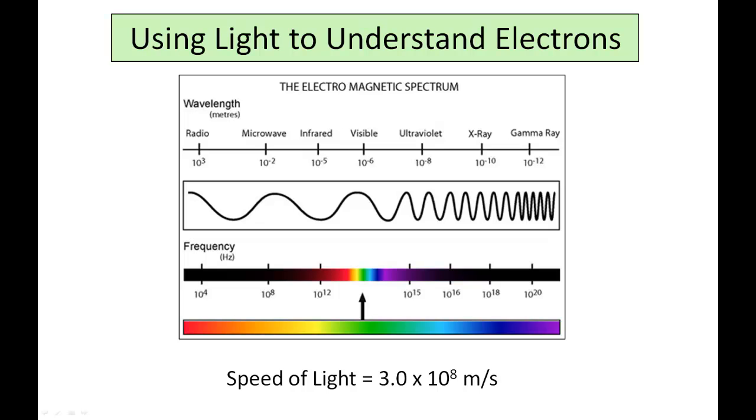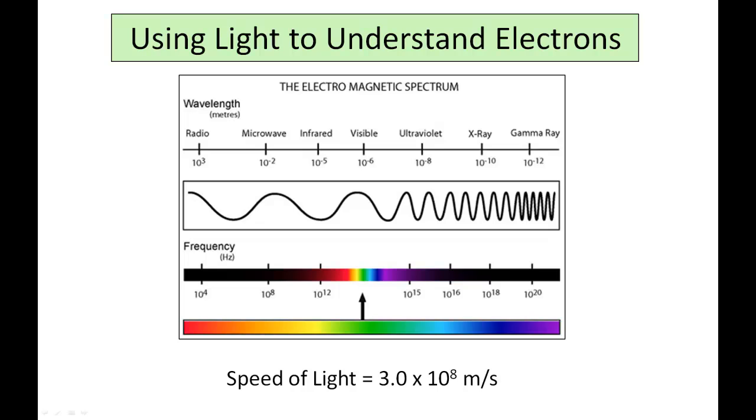Now you'll notice in this diagram here that as we move from radio to gamma rays, the wavelength becomes significantly shorter. Hence, if you look at the visible spectrum, you'll see that red light and purple light obviously have different size wavelengths. Red has the longest wavelength, purple has the shortest wavelength.